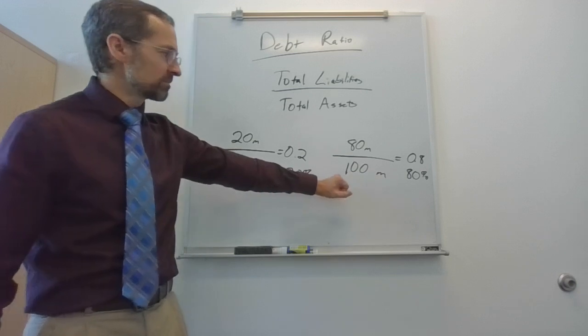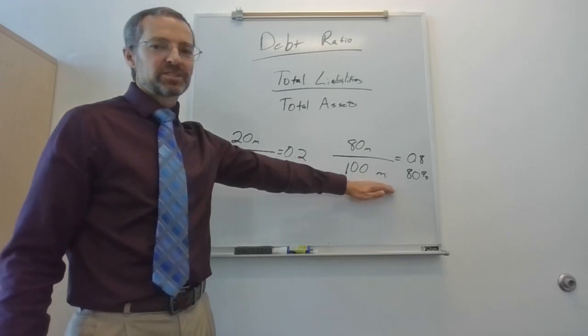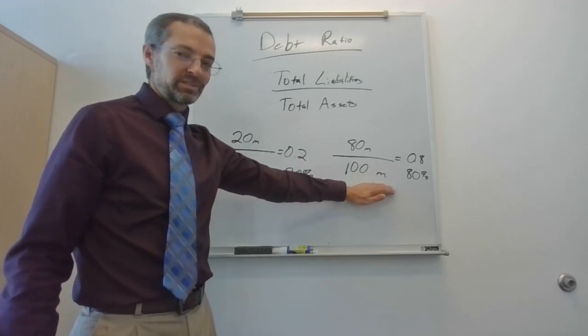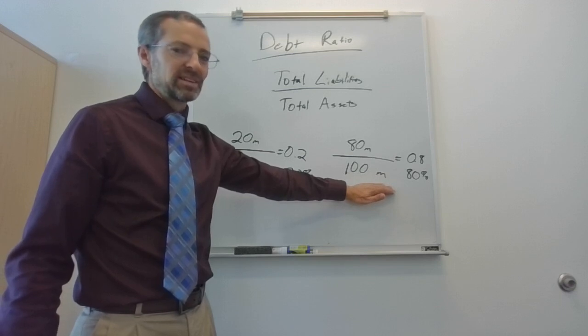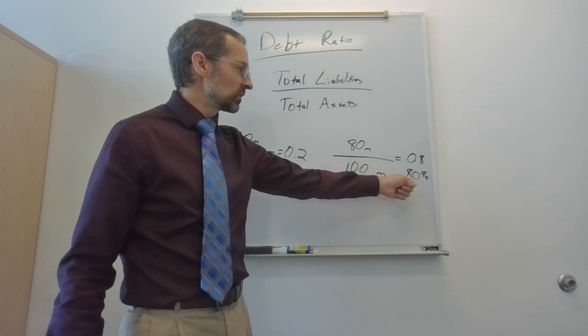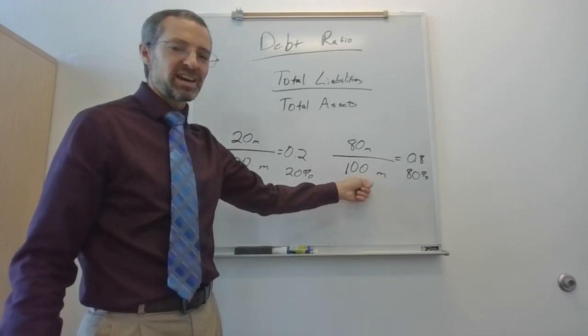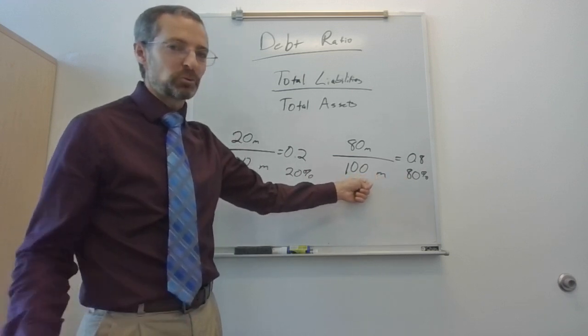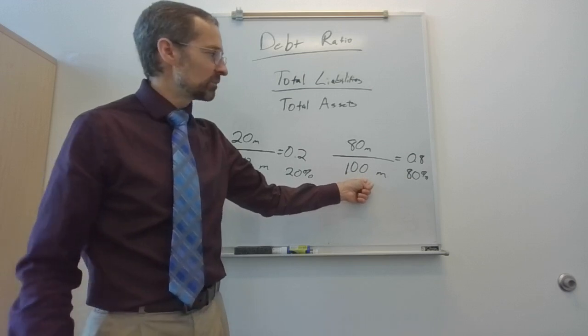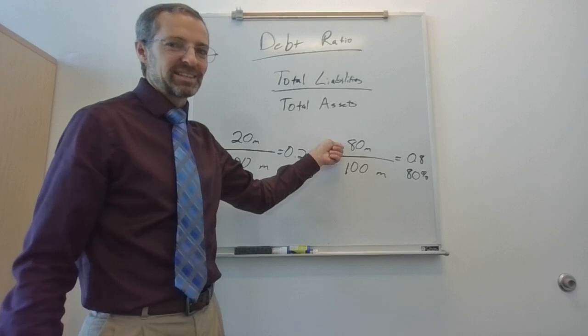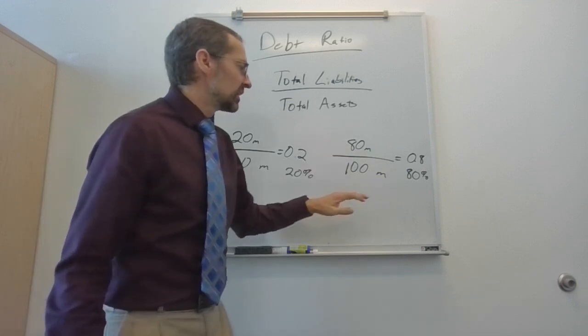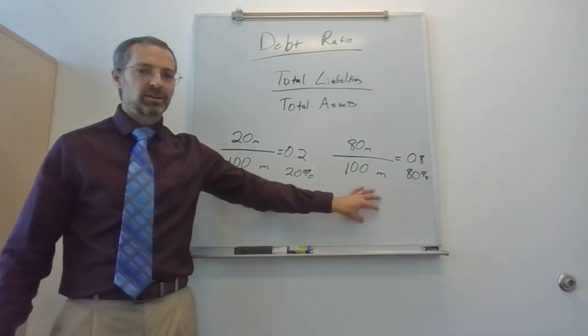In this company, how did they buy their stuff? Well, most of it they bought by using debt. And so for every dollar that they have in assets, again, think equipment or inventory, they owe 80 cents still on that. Now, which company is riskier?